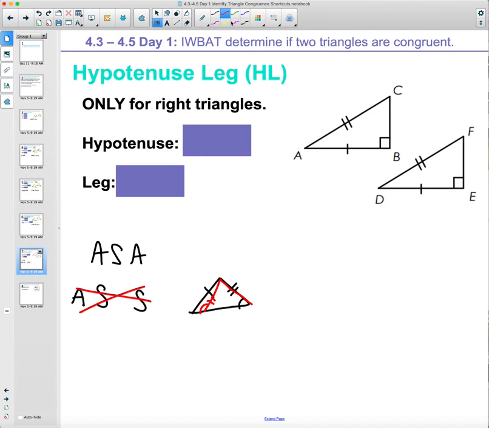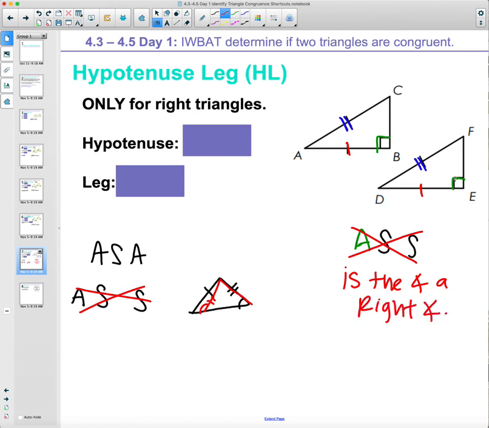So when you're looking at a triangle and you get 2 sides, so when we're looking here, we see side AB and side DE, and then we see side AC and side DF. So you have 2 sides here. And then where is the angle that's given? The angle that's given is outside of or not between these 2. So if you were going to write this down, you would maybe want to write that this is ASS. So if you ever get to that point where you're trying to write ASS on your paper, you say no, and you ask yourself, is the angle a right angle?